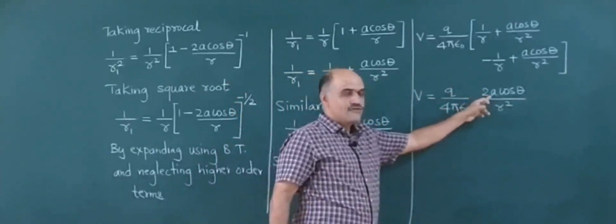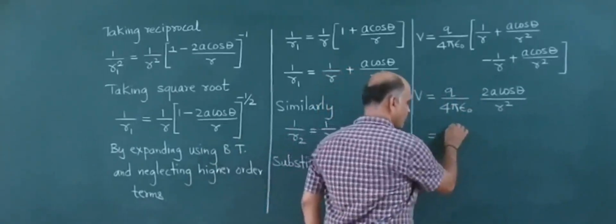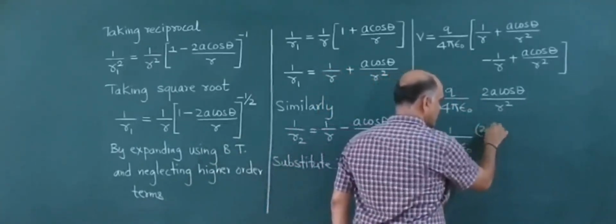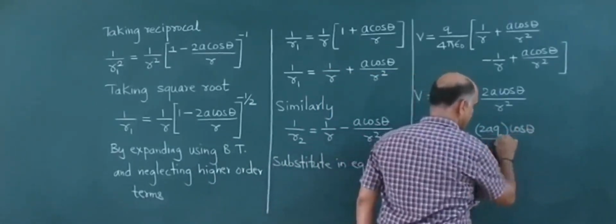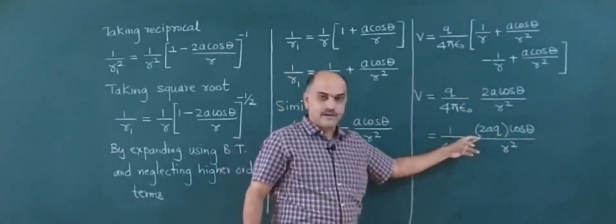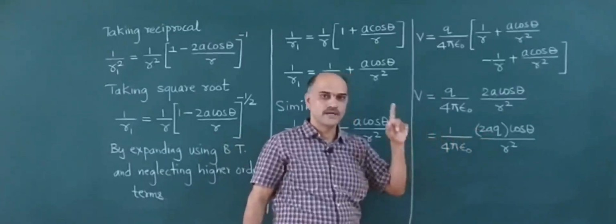Now if you take Q with respect to 2A, you will have 1 by 4 pi epsilon naught 2A into Q cos theta divided by R square. And you remember, 2A into Q is dipole moment.